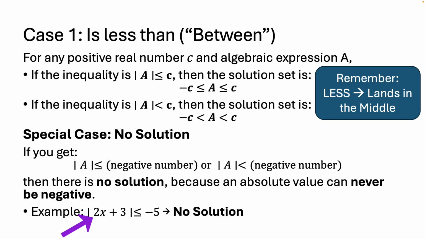The left side of this inequality is completely contained in the absolute value. That means that the left side is going to be positive no matter what value we plug in for x. So if we have something positive, it will never be less than or equal to negative 5. Therefore, this inequality has no solution.